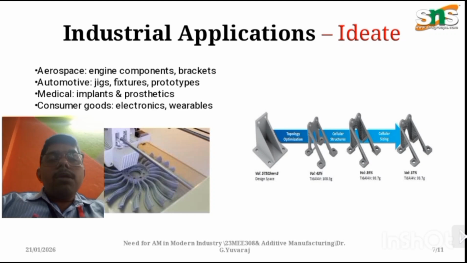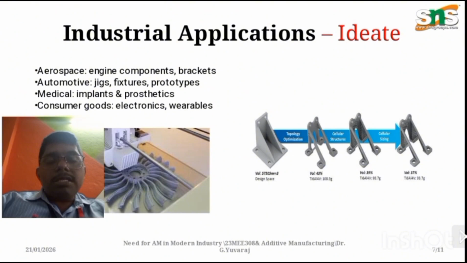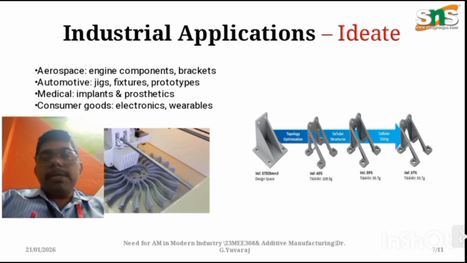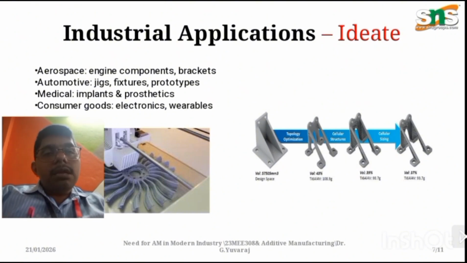In automotive production, jigs, fixtures, and prototypes are the major application areas. In medical, implants and prosthetics such as teeth, bones, skull, and hand prosthetics are the devices we usually make. In consumer goods, preferably electronics and wearables are used. Among electronic devices like resistors, capacitors, diodes, and circuit boards, manufacturing is done with the help of additive manufacturing so that the devices keep working for a long time and can operate at any temperature range of application.